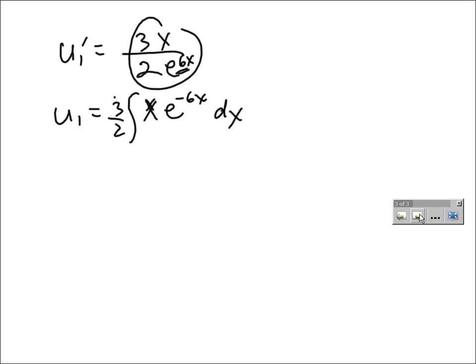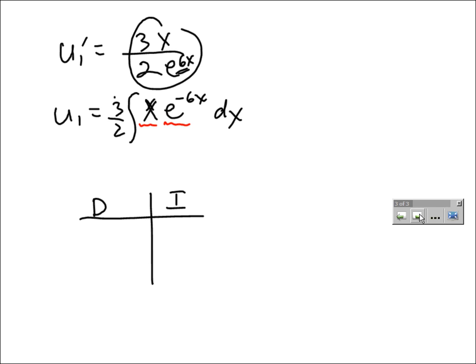Now, one can do this by parts, and it'll take a while, or you can do what we call tic-tac-toe. Derivatives, integrals. We have a product here.